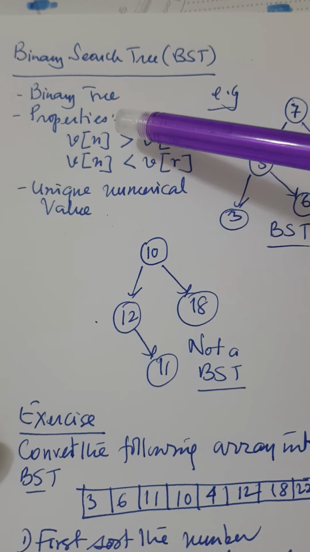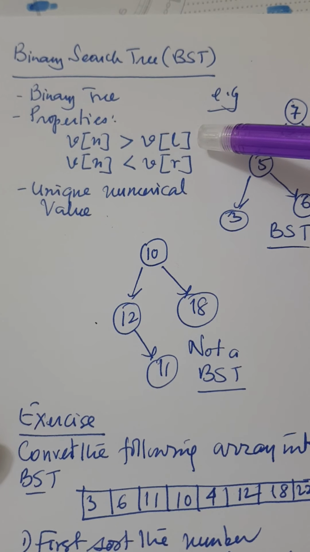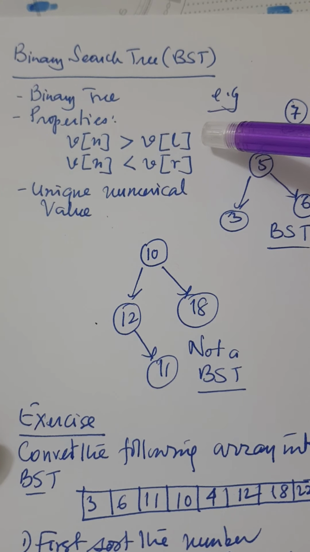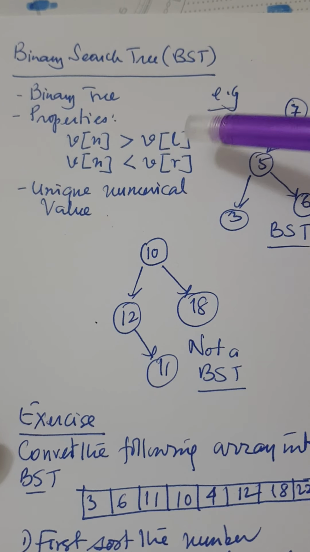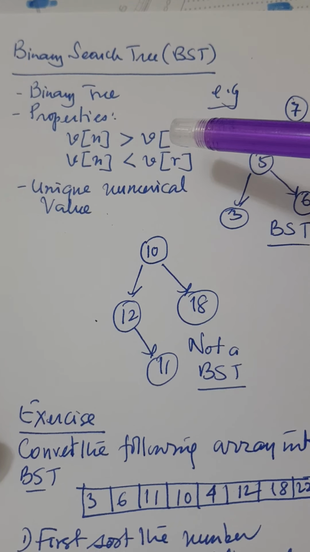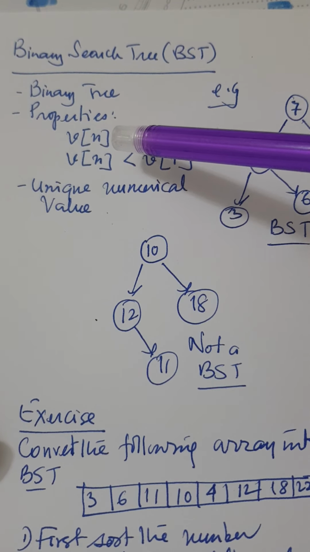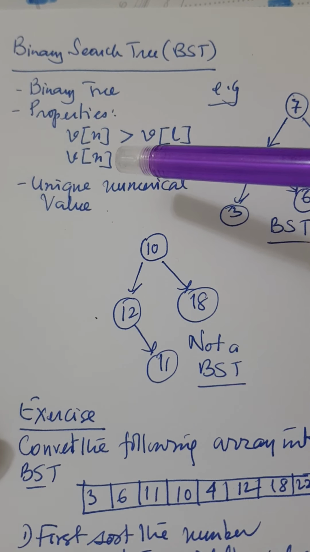The special property is that the value at the node will be greater than the value at the left. It's a binary tree, it has a left child and a right child, but this is a numerical tree. So the left child will always be lower than the root, and the right child is always greater than the node.